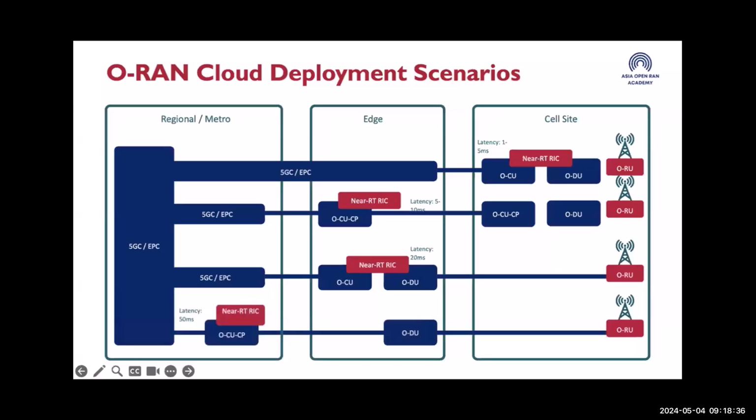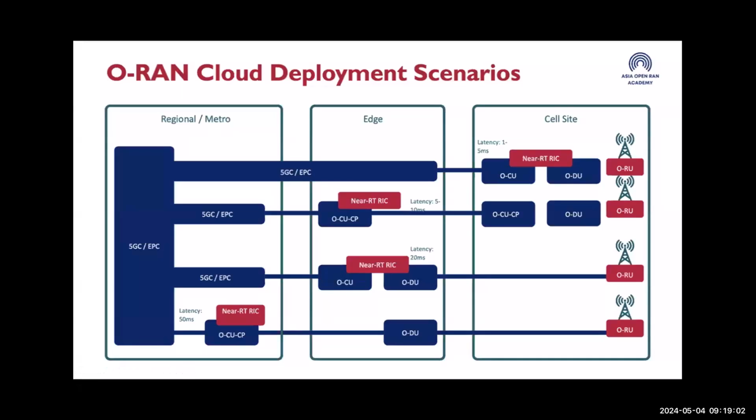And where you don't need lower latency, you can put the near real-time RIC in the regional or metro, and the control plane is here. The user plane and control plane of the centralized units are here, and the ODU is on the central office.